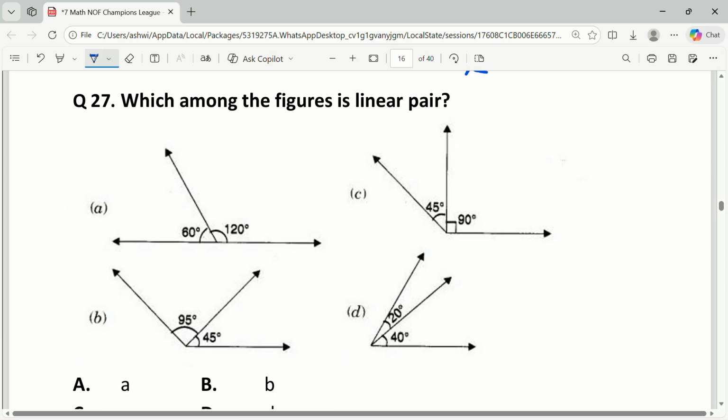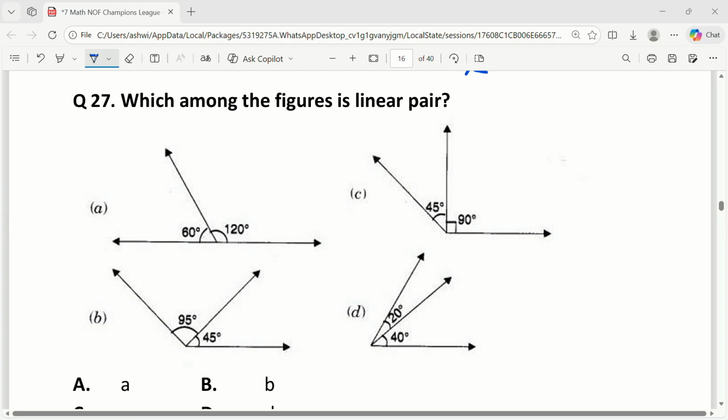Question 27. Which of the following figures is a linear pair? A linear pair consists of two adjacent angles formed when two lines intersect, such that their non-common arms form a straight line. The sum of angles in a linear pair is 180 degrees.